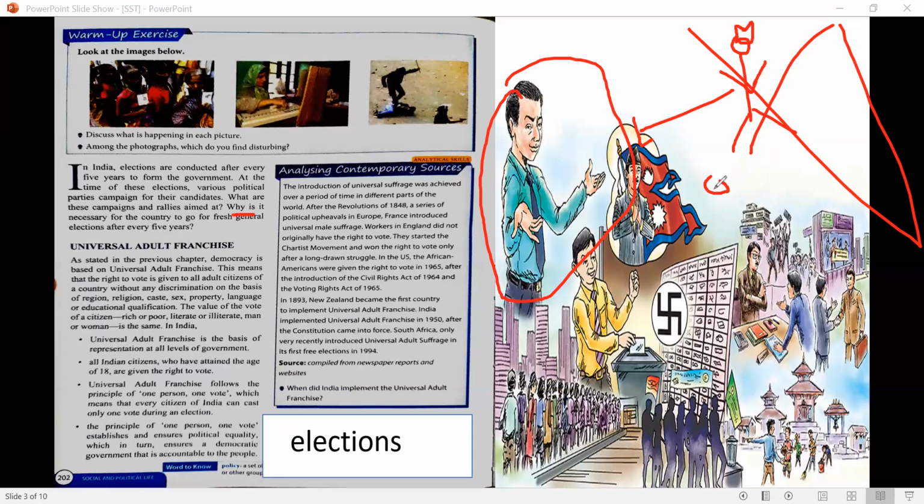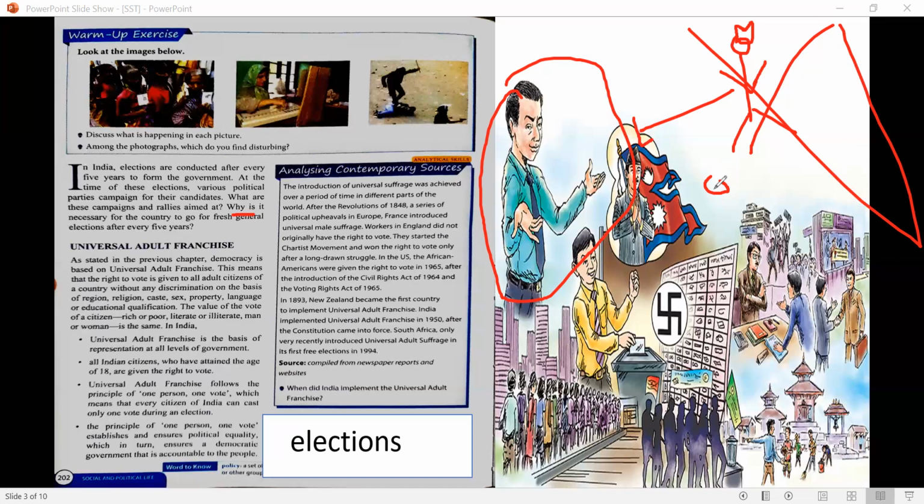Sometimes the king, the ruler, the administrator of that country is very selfish, a very cruel man. So it is very annoying, and when it is annoying, the people try to change that party, that whole government system. That is why elections are conducted every 5 years.